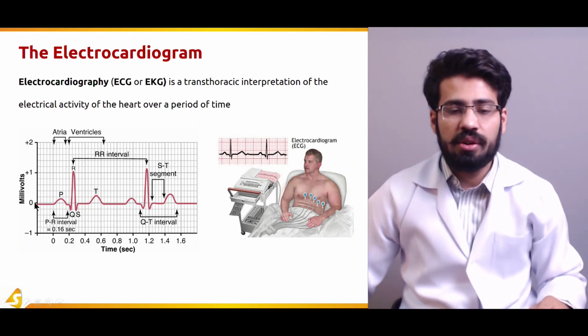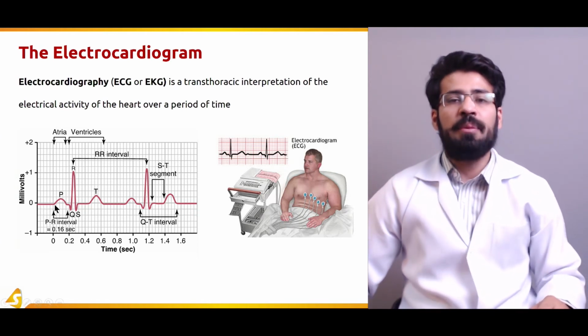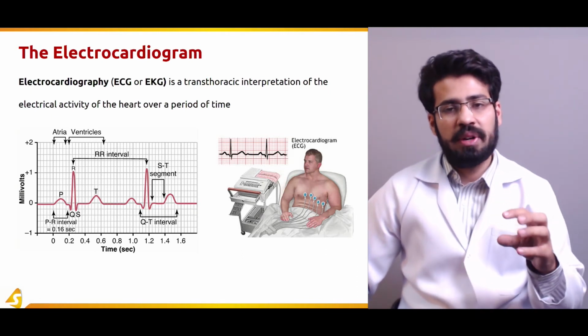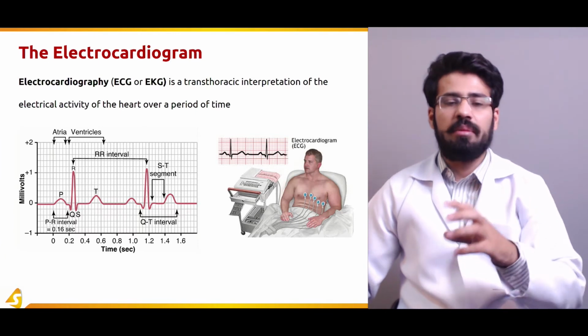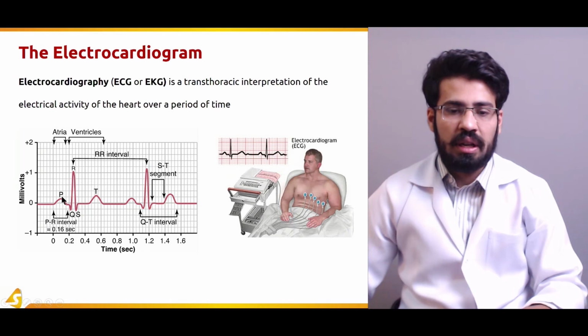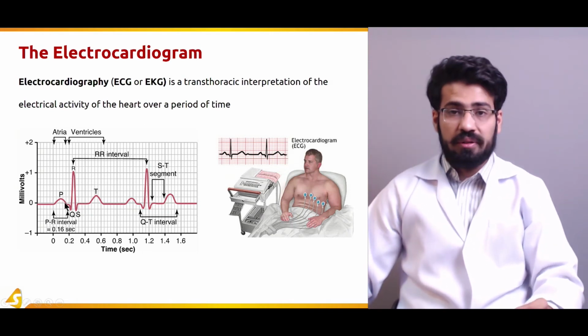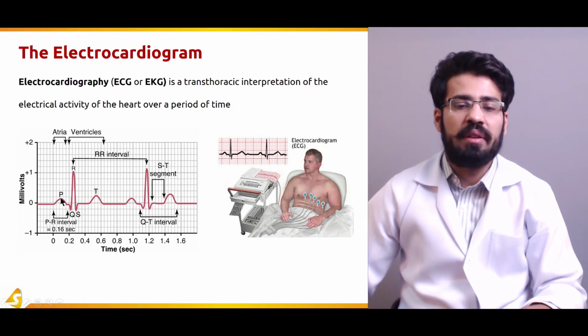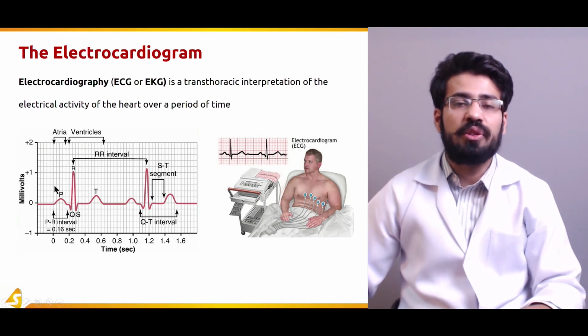This sinoatrial node, after excitation, moves towards the bundle that is present on both atria, the right atrium and the left atrium. This causes the excitation of the atria. The contraction of the atria occurs during this particular phase known as the P phase. As you can see, this phase is for the atria.